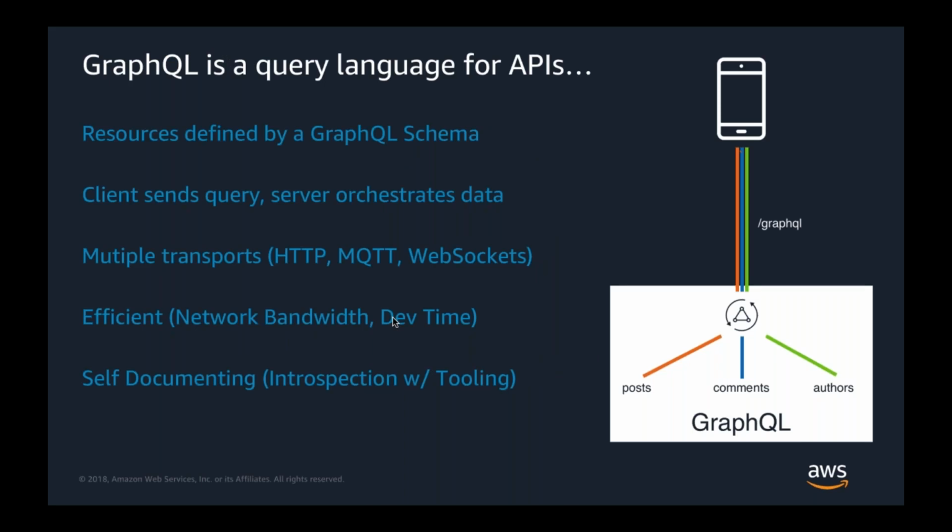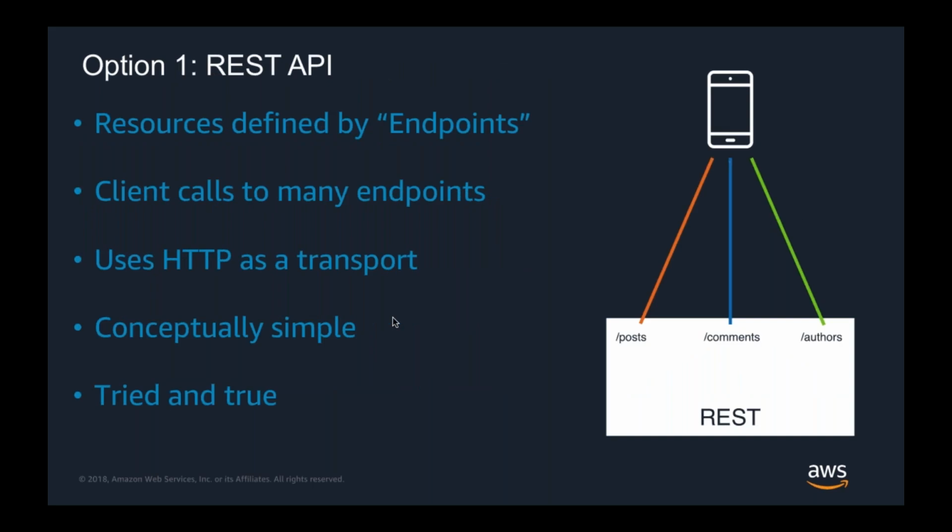From a technical perspective, the really high level differences here are GraphQL is defined by schema. Clients actually send queries directly, and the server just orchestrates the data over whichever transport you prefer. And that could be HTTP, MQTT, or WebSockets. And how that's different from the API Gateway model that we talked about originally.